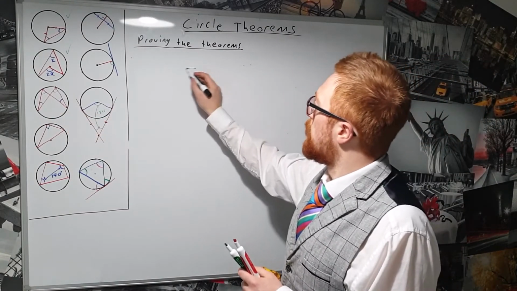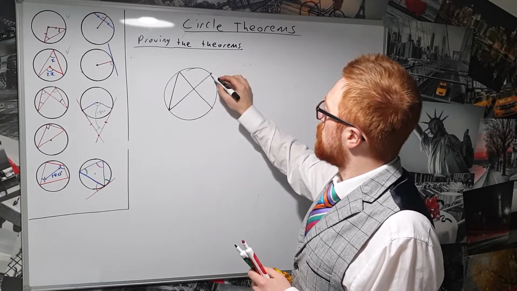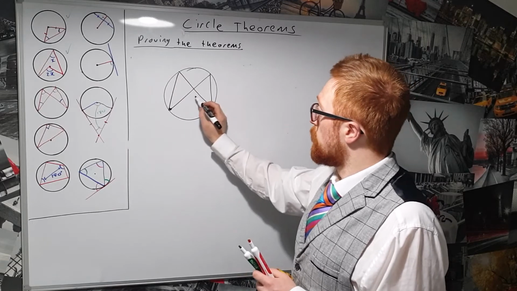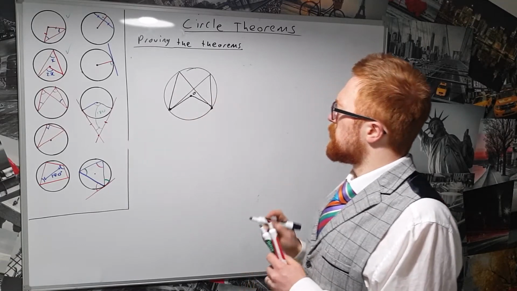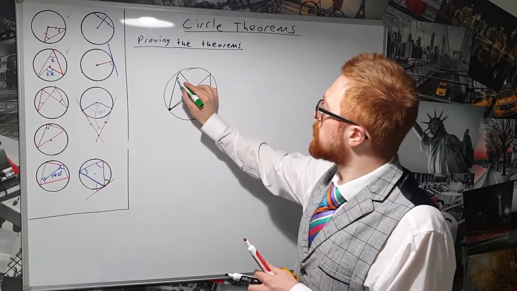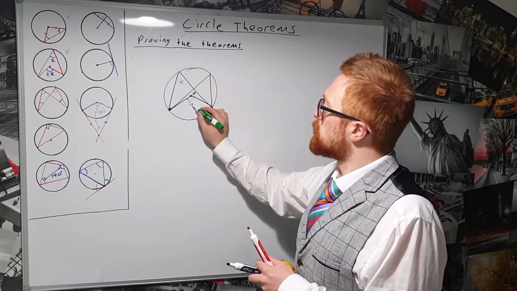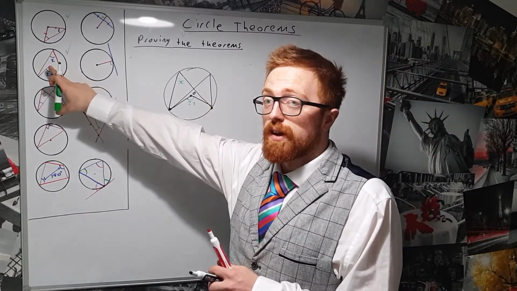Okay, on to number 3. Two angles from the same points on the circumference are equal. So what we'll do is add in the centre and connect our two lines here. If this angle is x, this angle here must be 2x. We're allowed to use that theorem because we've already proven it.